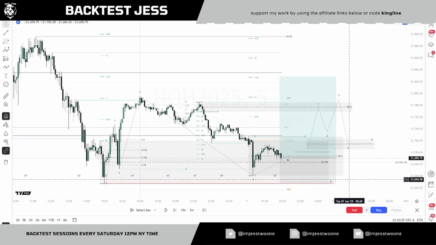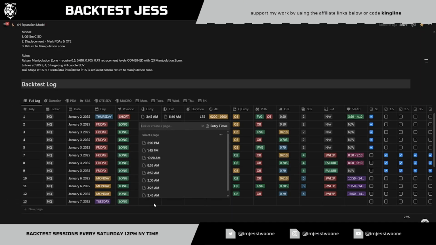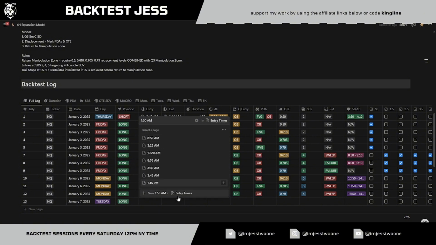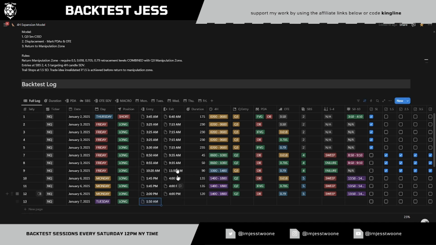So we'll go with 150. Kind of on the fence on that. 150. We don't have an exit just yet. This would be for the 2 to 6 a.m. candle, and this entry we entered during Q2.